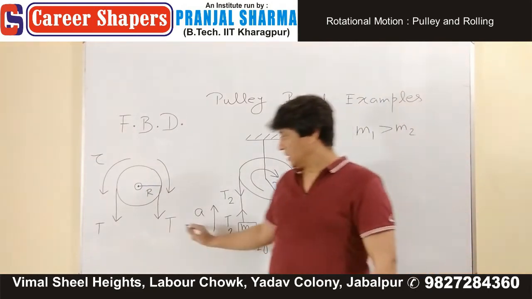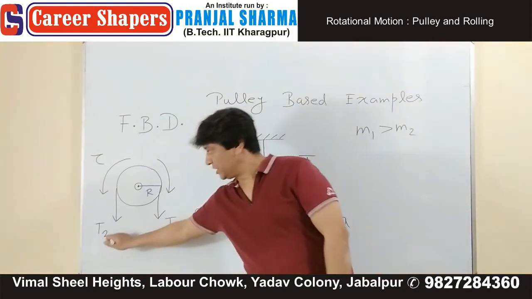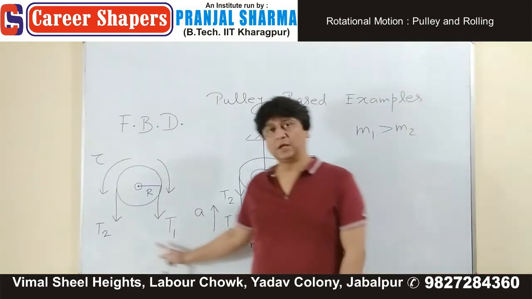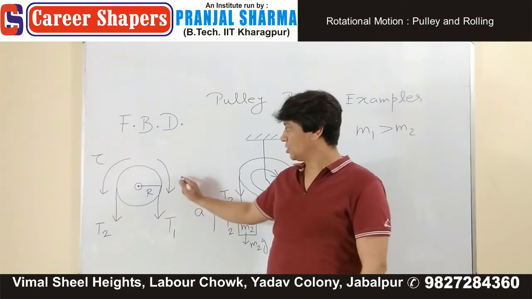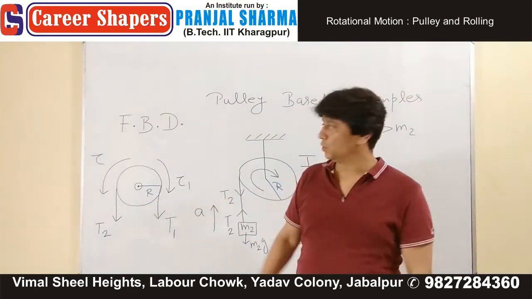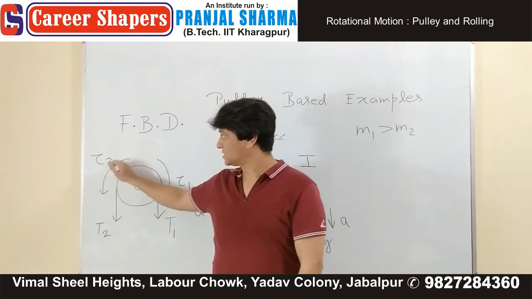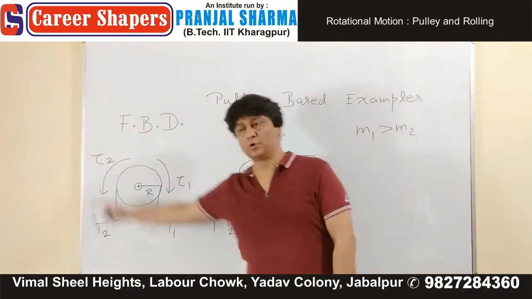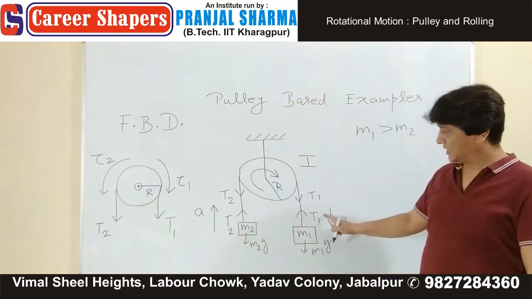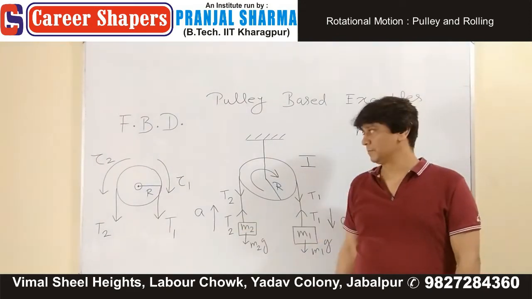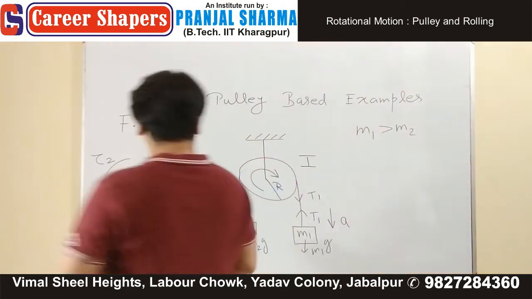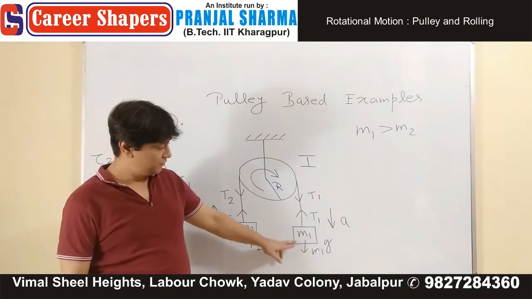Now, if this is T1 and this is T2, then torque of T1 is tau 1, torque of T2 is tau 2. Tau 1, tau 2, M1G, T1, M2G, T2. You will understand this tau 1 and tau 2 part in just a few seconds. But let's first write down equation for M1 now.